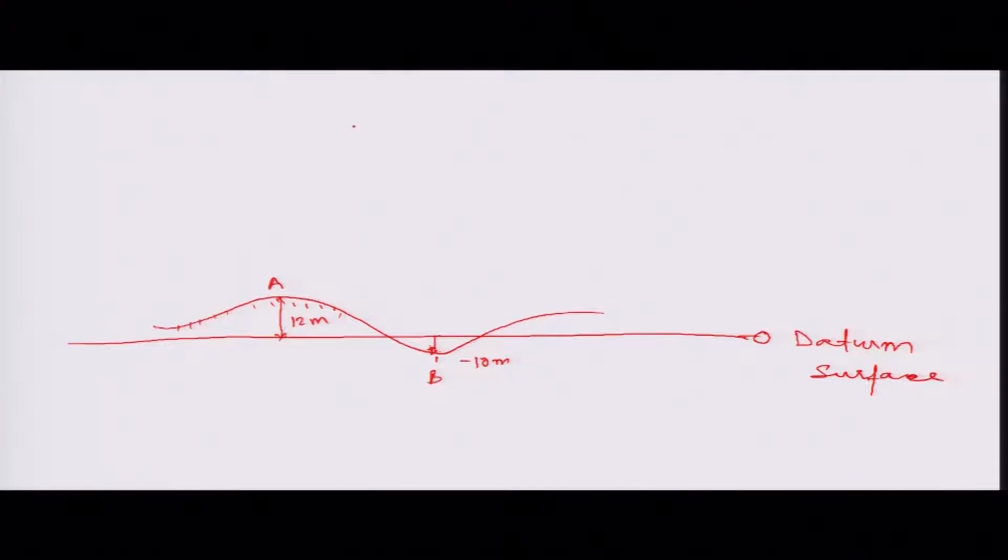So, if we take a photograph of this area like this, suppose this is the ground and the photographic principal point is lying here. This is your lens and this is covering this area like this.